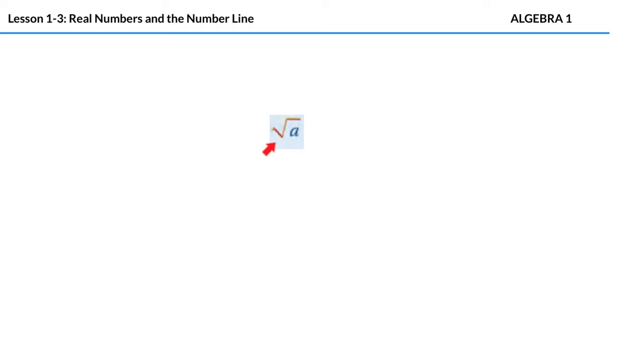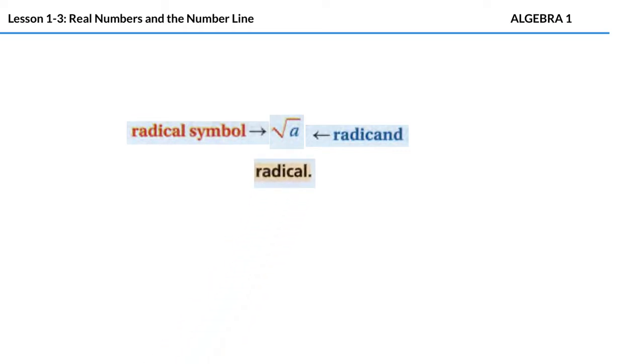The expression under the radical symbol is called the radicand. This a is called the radicand and the symbol is called the radical symbol, and together it is called a radical. So let's deal with some of the problems with the radical symbol.